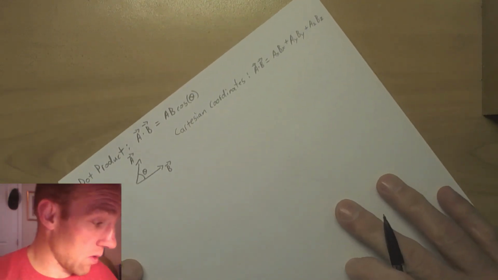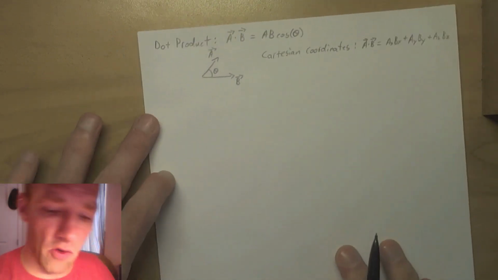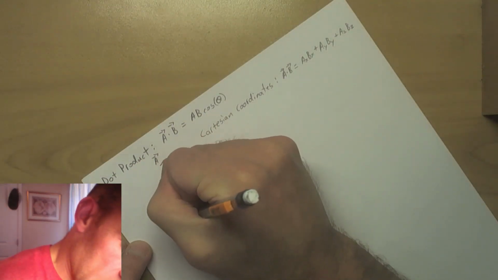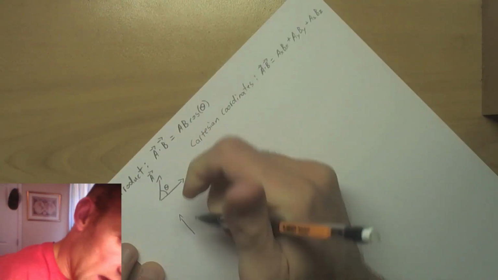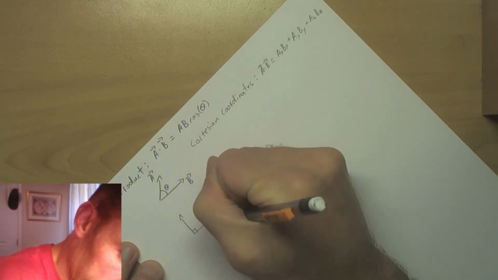Now let's expand on this a little bit. There's a couple of special circumstances. What if we're given the situation where A and B are perpendicular to one another?